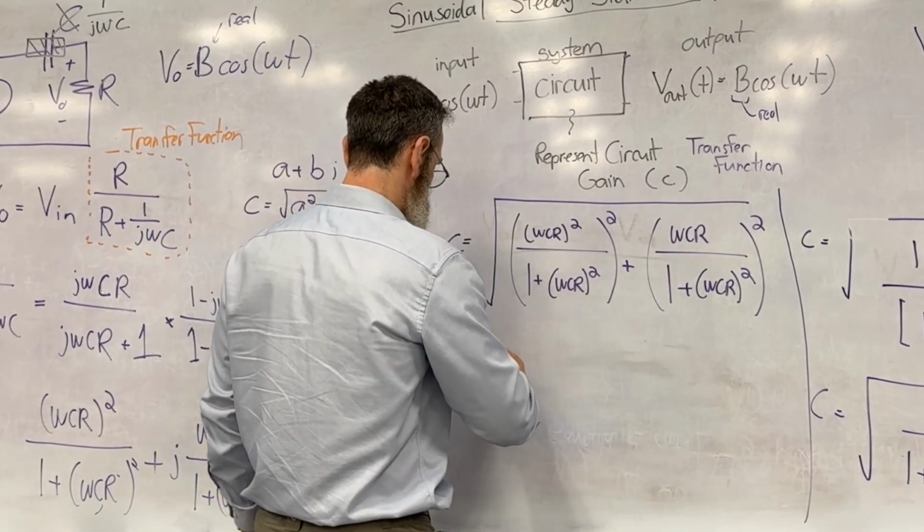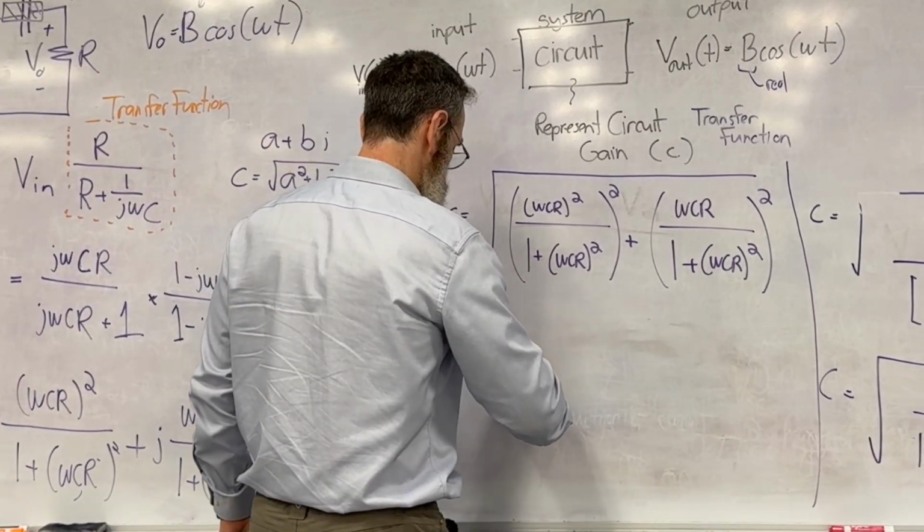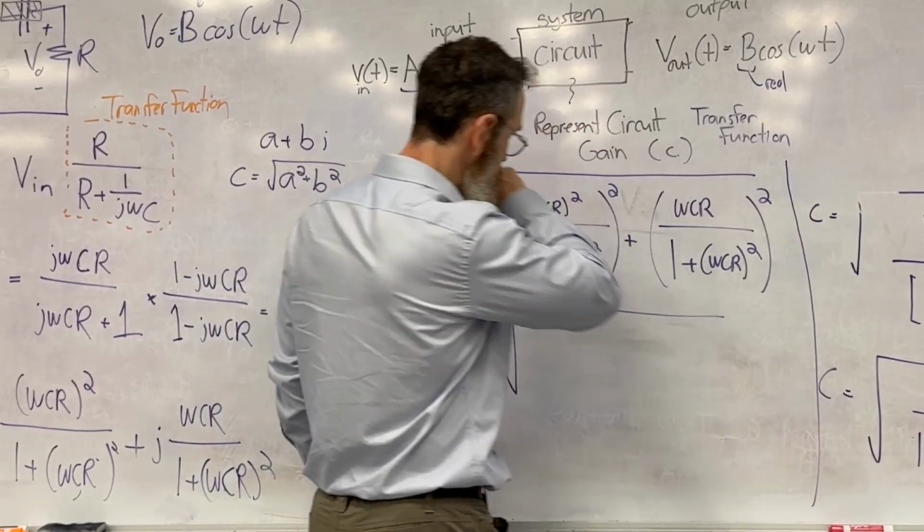I want to combine the top and the bottom, so I'm going to have C is equal to the square root of, and let's see what we get here.